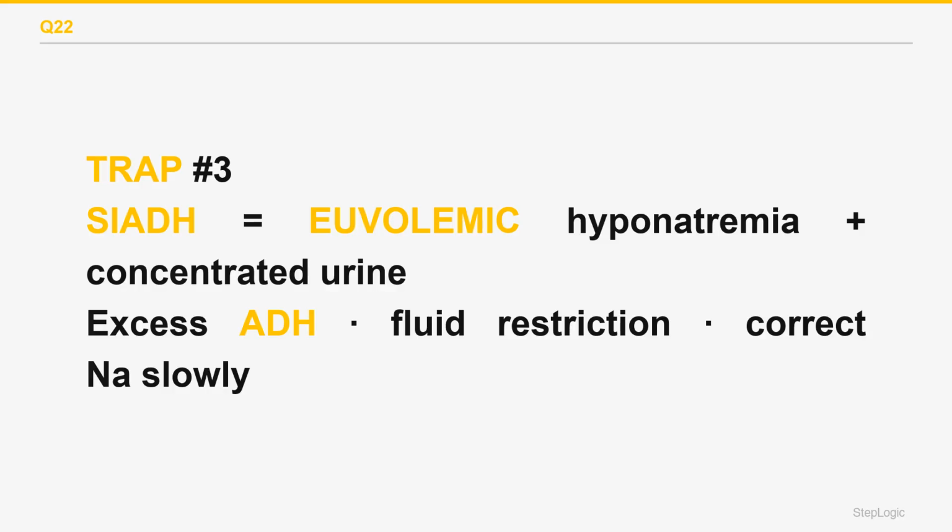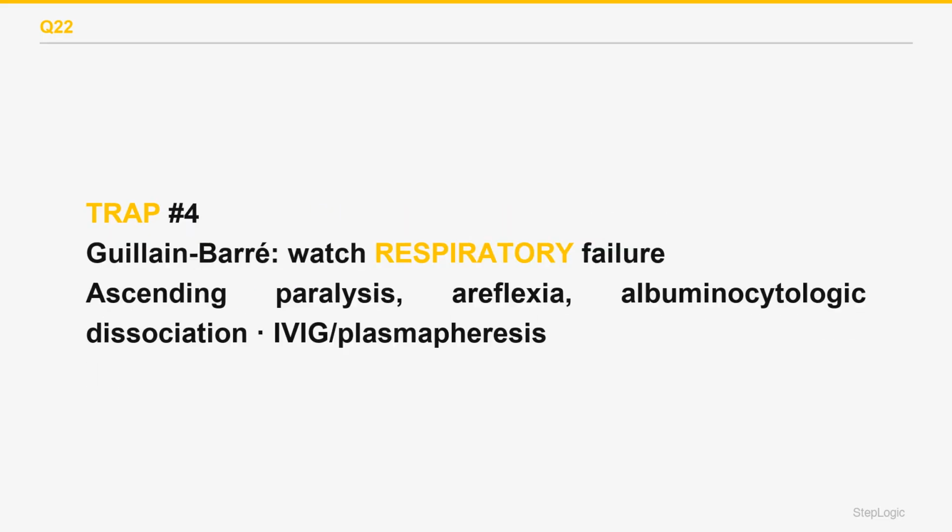Trap 3. SIADH causes euvolemic hyponatremia with an inappropriately concentrated urine from excess ADH. Treat with fluid restriction and correct sodium slowly to avoid osmotic demyelination. Trap 4. Guillain-Barré causes ascending paralysis with areflexia and CSF albuminocytologic dissociation.